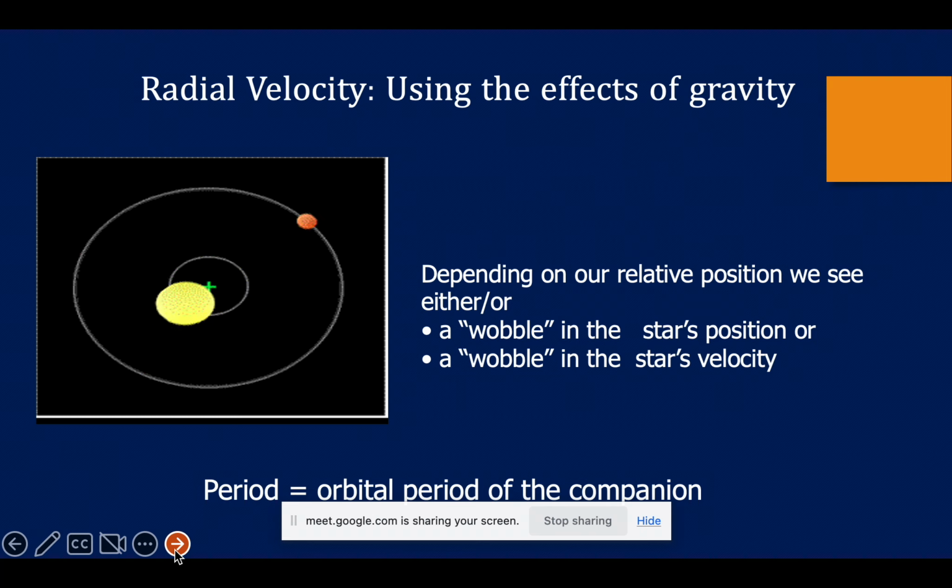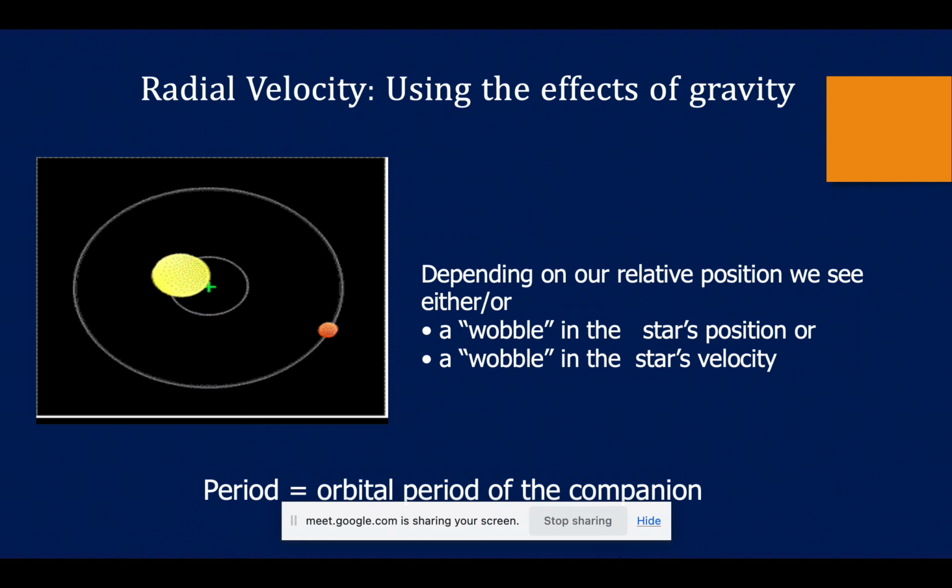Now, what's the radial velocity method? If you have a star with a planet going around it, you're going to have a wobble. Why? Because together they are going to go around their common center of mass. They go around the center of mass of this system, due to which the star's position will wobble.